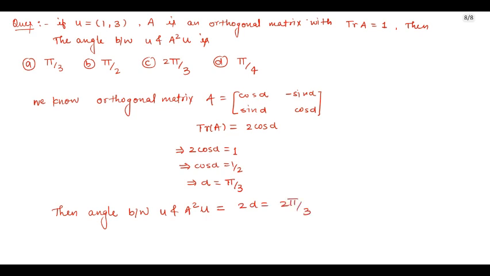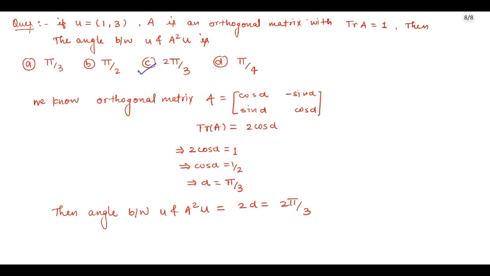Hence the answer is option C. Now you get the answer. Is this question clear? Yes, sir. Now you find the angle. You can solve this type of question in any exam.